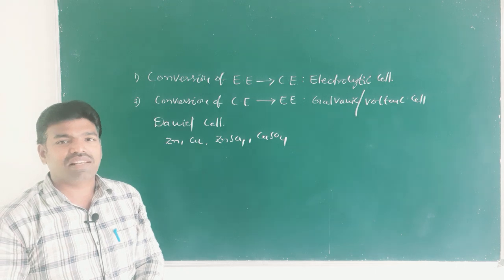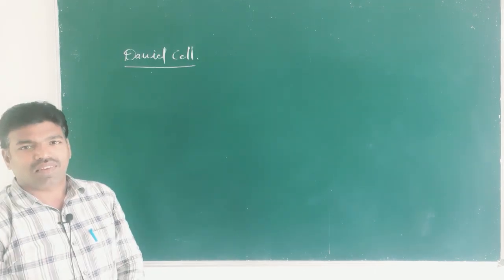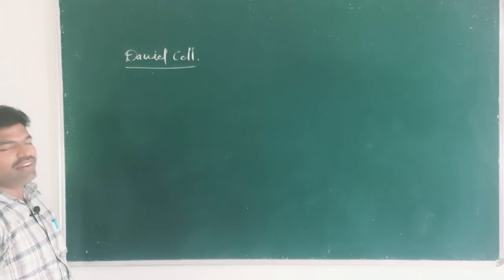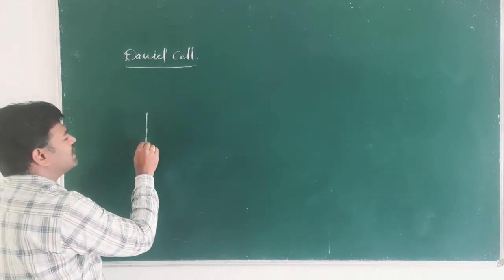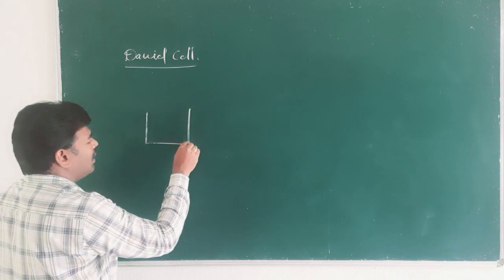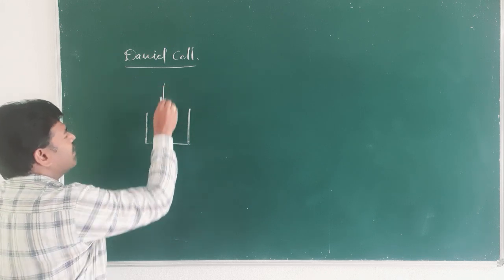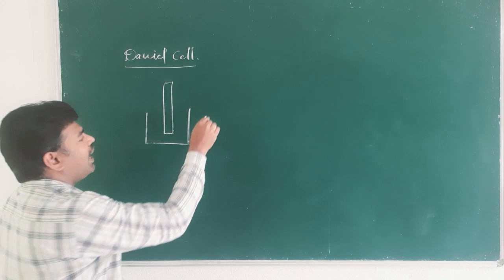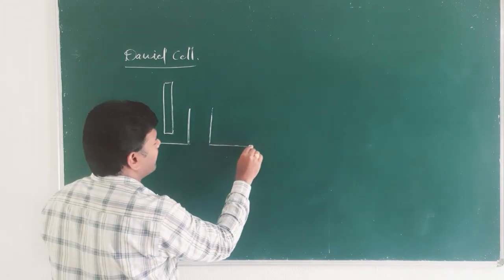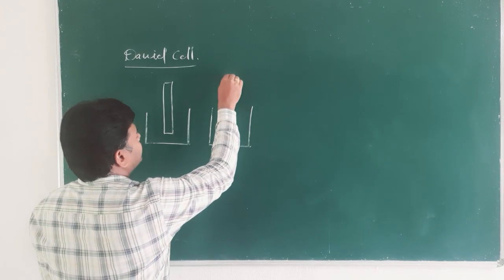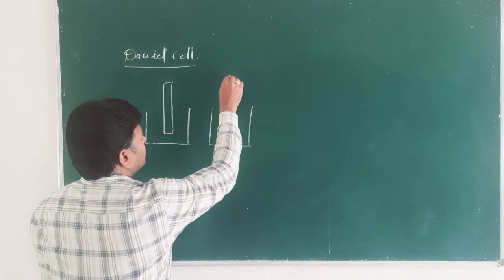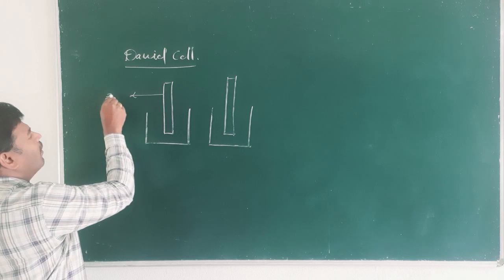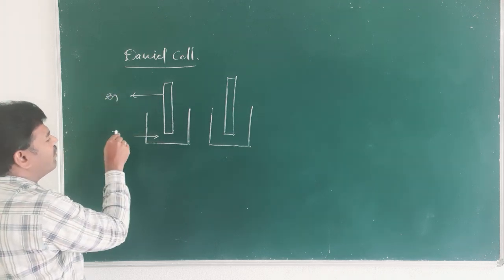In the Daniell cell, a zinc rod is dipped in zinc sulfate solution, and a copper rod is dipped in copper sulfate solution.